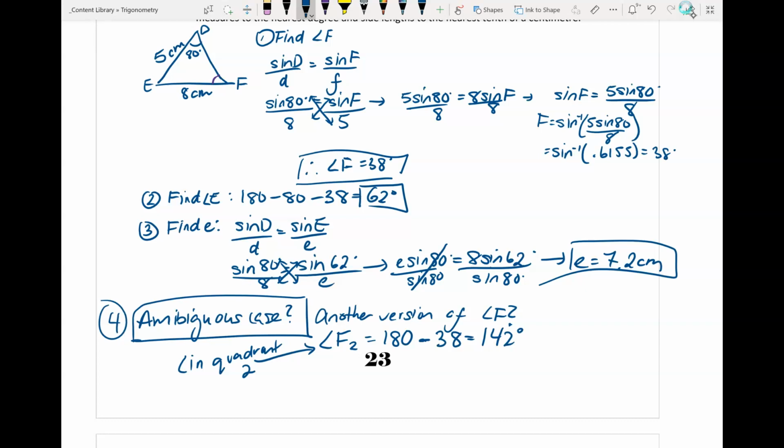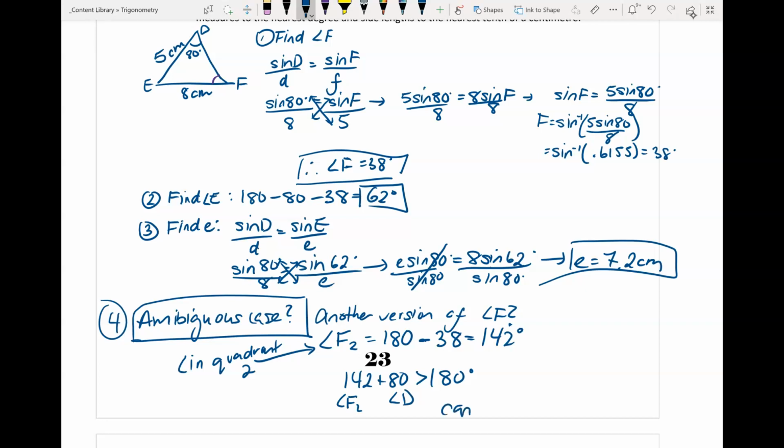Now we're going to see if it's actually possible to create a triangle with 142 degrees in it with 80 degrees, because 80 degrees comes from angle D, which is an angle that is for sure in this triangle. But if we add 142 and 80 together, we are going to get over 180 degrees. So it's not possible to form a second triangle, because if we add angle F2 and angle D together, we are already above 180 degrees.